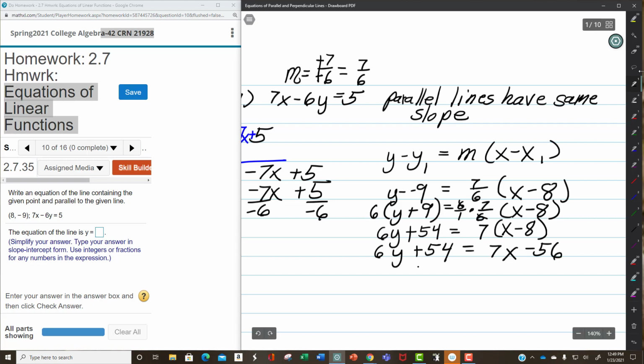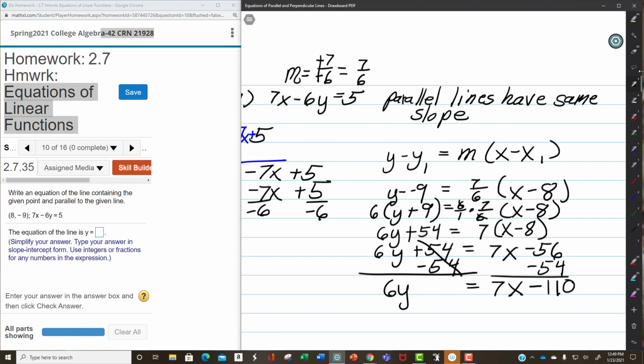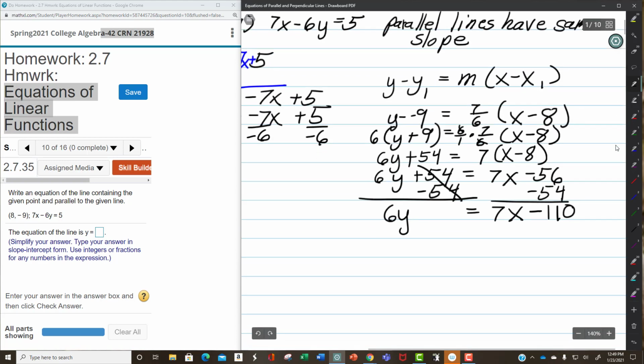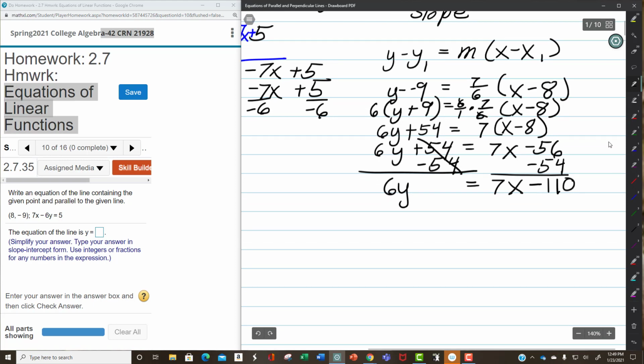I subtract 54 from both sides of the equation. 54 minus 54 is 0. So this will be 6y equals 7x minus 110. Sure do hope this is right. Divide by 6 on every term.